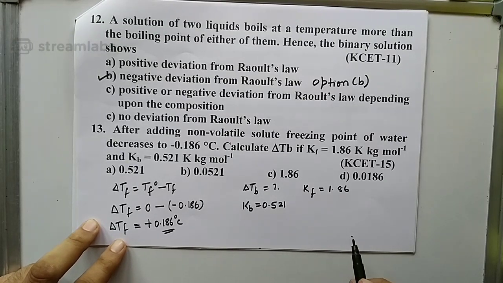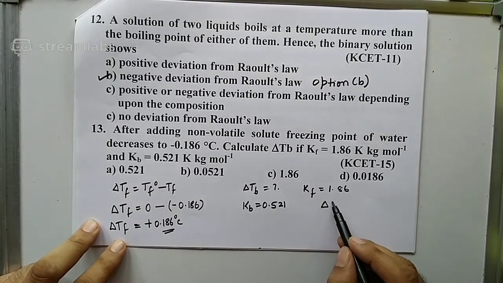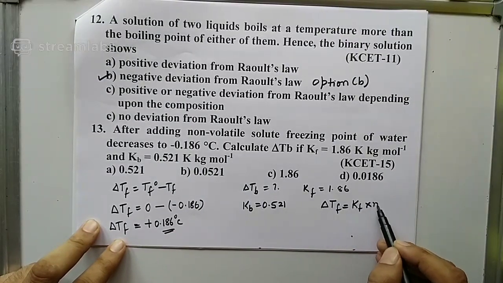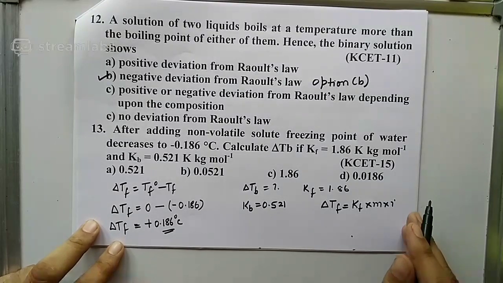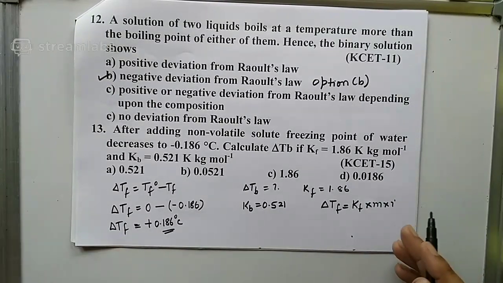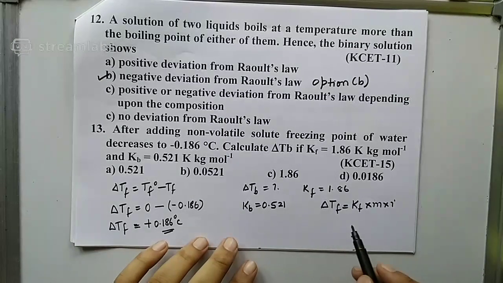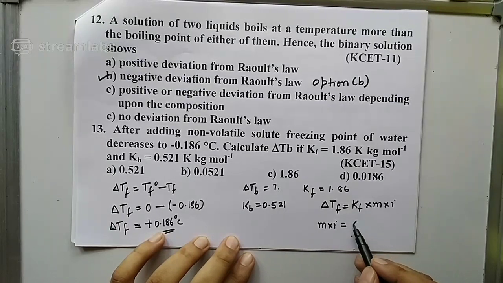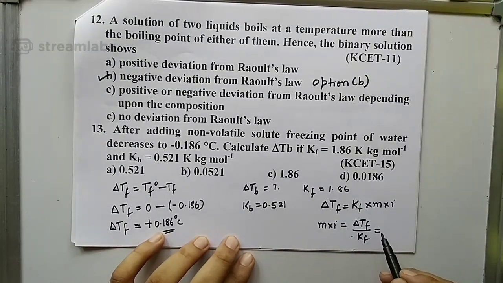Now students, we know that delta TF is equal to KF into M into I. We don't know whether it is an electrolyte or non-electrolyte, so I am including the Van 't Hoff factor. So now we can calculate M into I. M into I is equal to delta TF divided by KF. What is delta TF value?